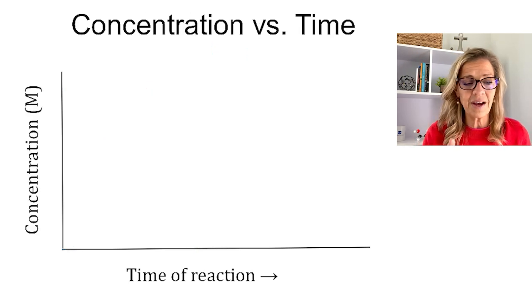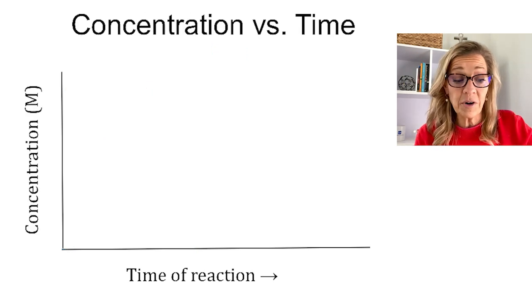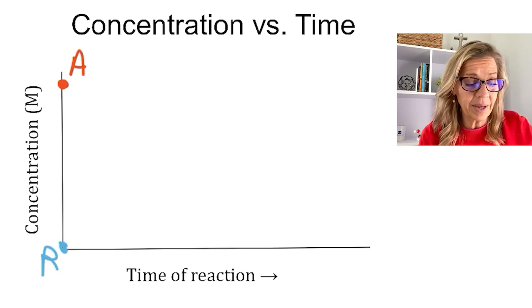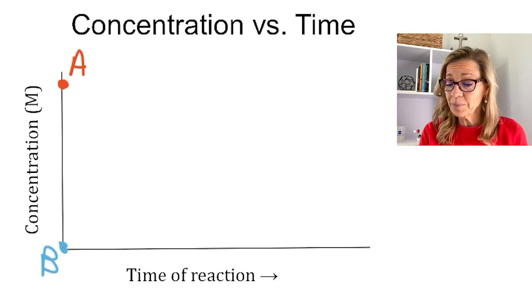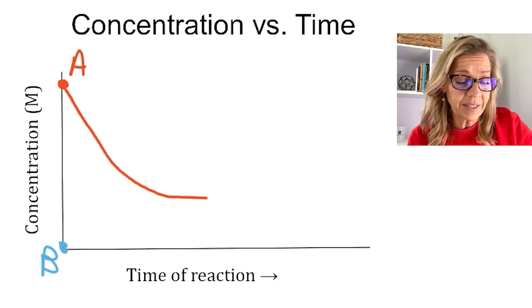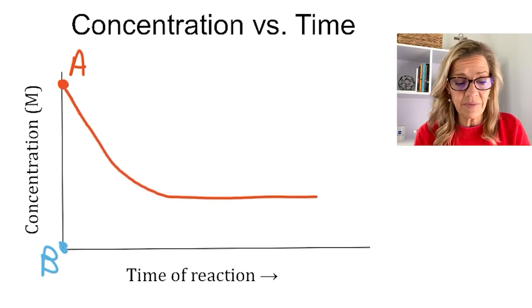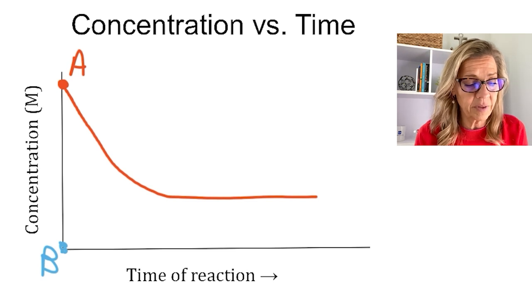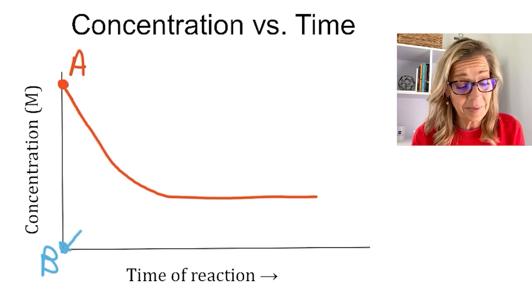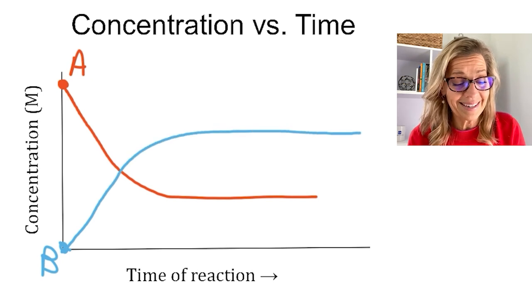Okay, can you draw the concentrations? Well, we started off with a whole bunch of A, and then here's my B down here. We had no B to start with. So what does my concentration look like? Well, A, we had a lot, and we lost it pretty quickly, and then it leveled out. B started off with a very little bit, and then it came up like that, okay?